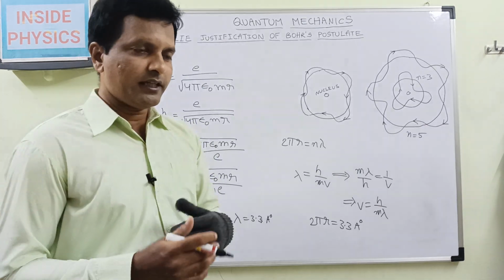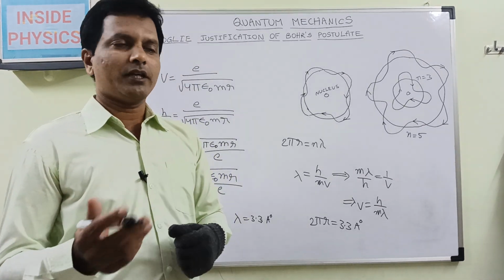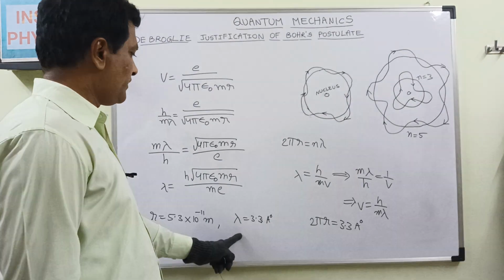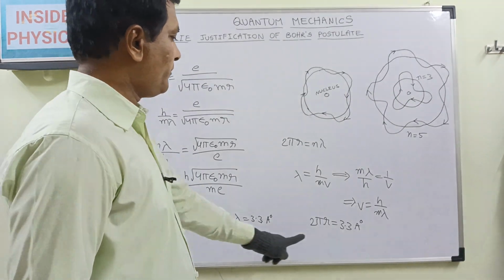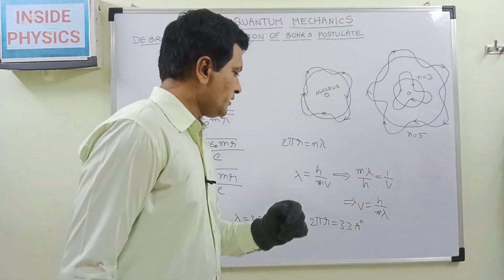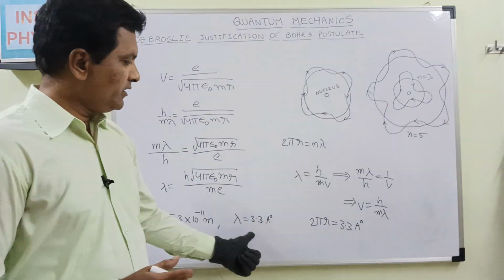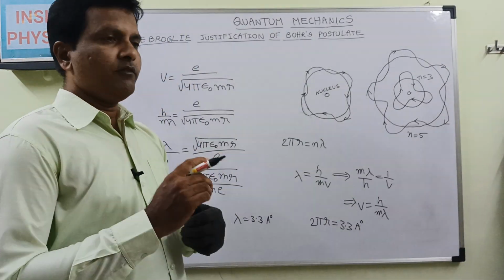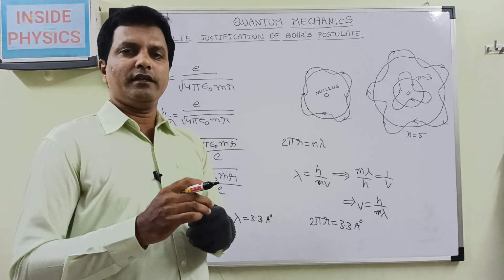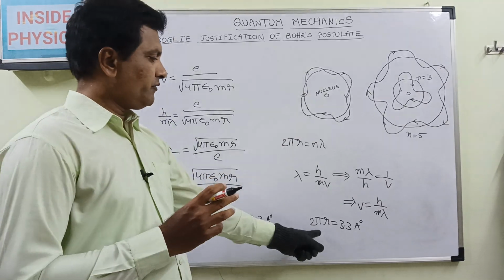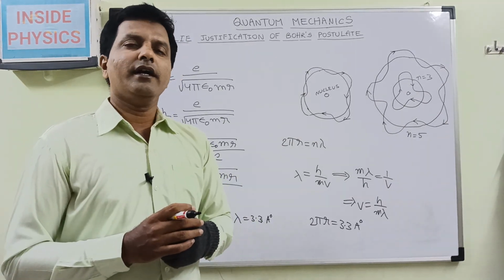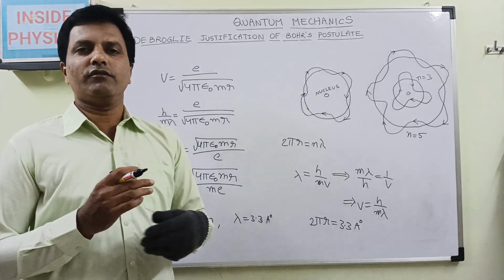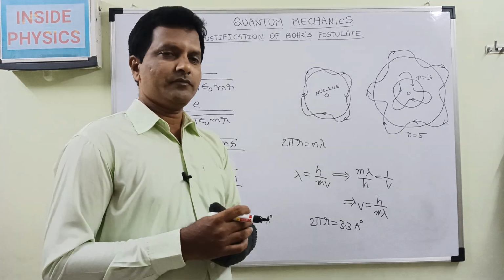So the electron can revolve stably in the orbit. This justifies that lambda and the perimeter are equal. One wave of the electron fits into the first Bohr orbit, and it meets itself while revolving in the orbit.